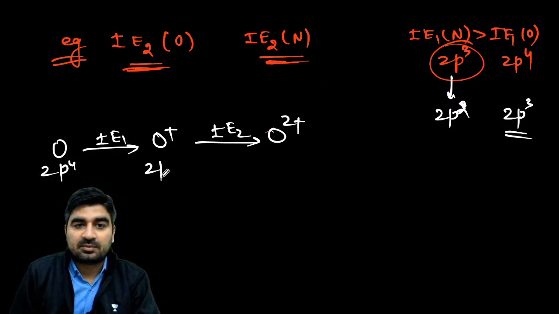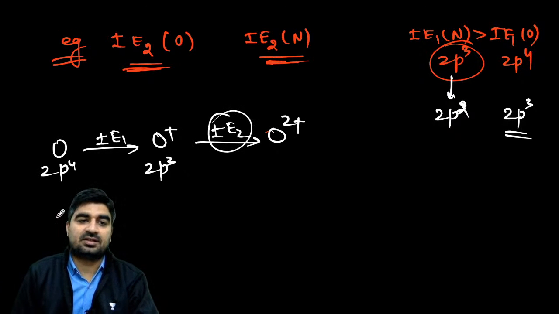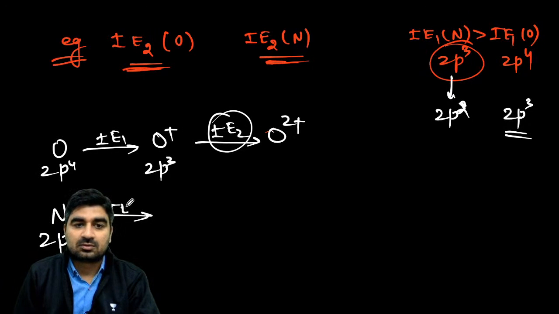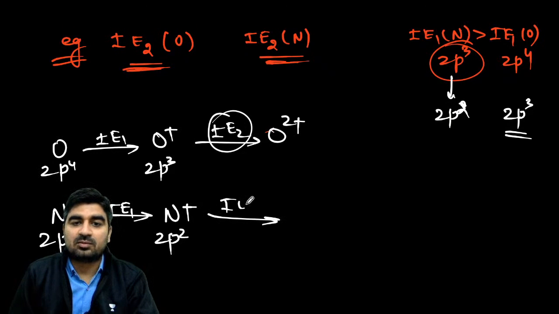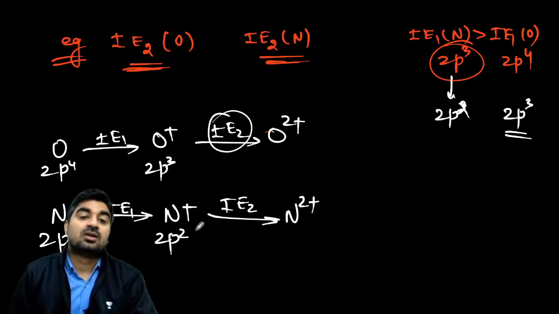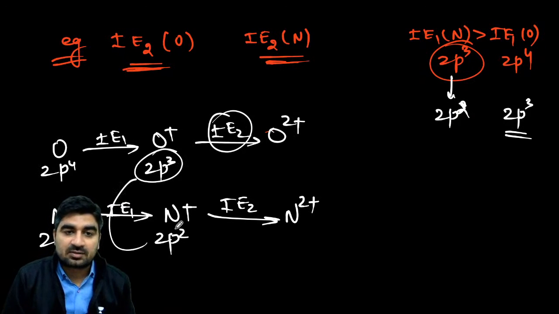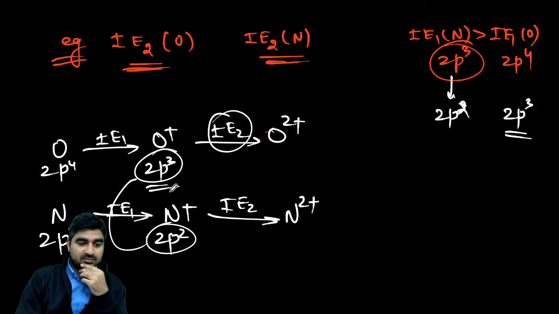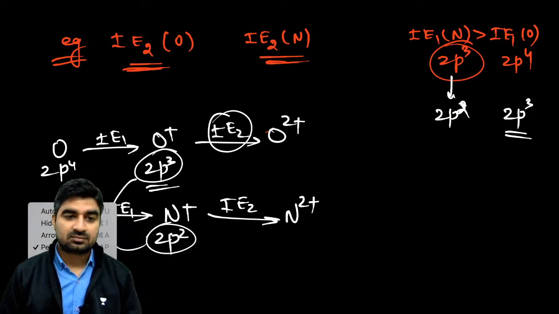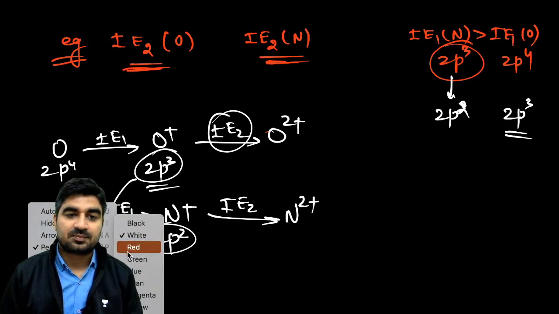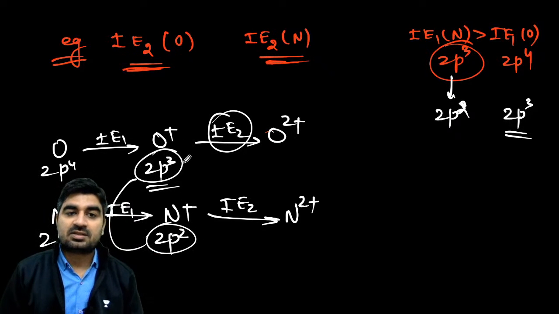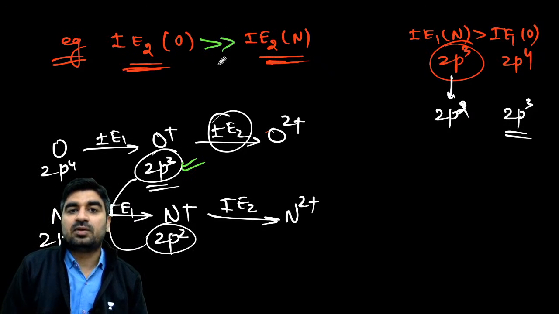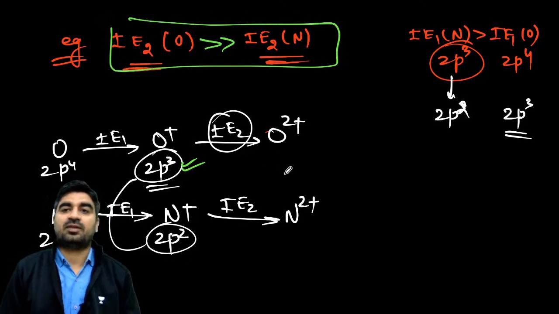In case of nitrogen, after removing one electron, I1, it becomes N plus, which is 2p2. Now if we want to remove one more, it becomes N2 plus. So I will compare this with this. In this case, this is exactly half filled. So now can you tell me the answer? If this is exactly half filled, I will say that I2 of oxygen will be greater than I2 of nitrogen.